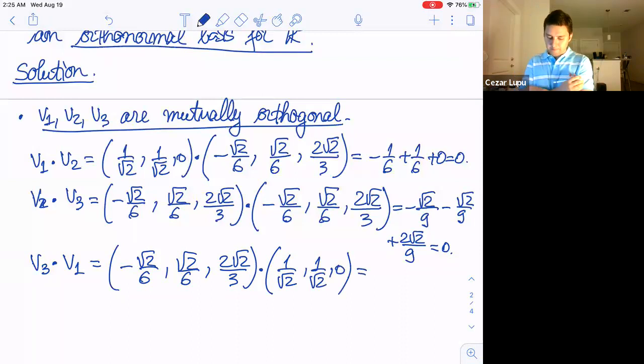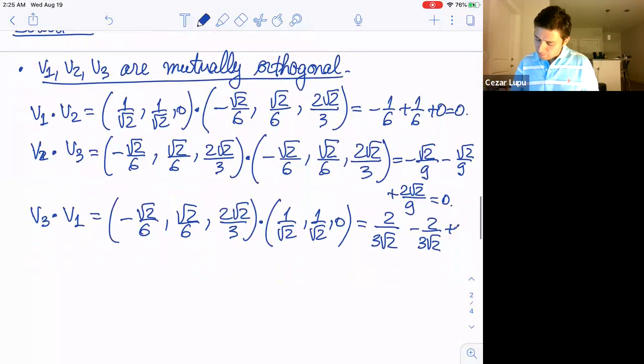So this will be 2 over 3 square root of 2 minus 2 over 3 square root of 2 plus 0, and this will give us again 0.